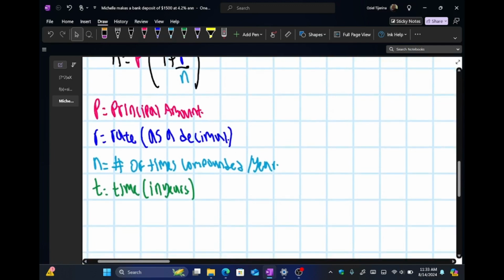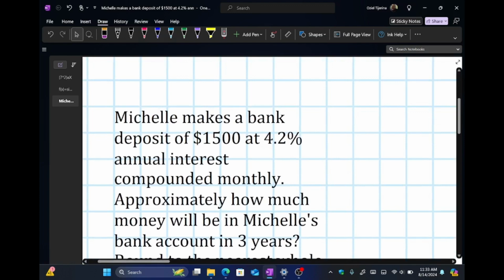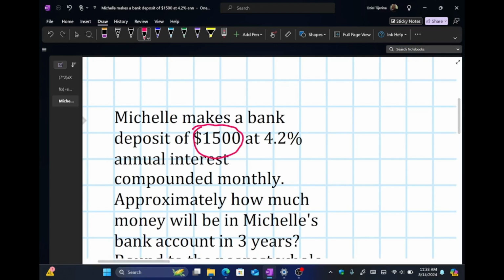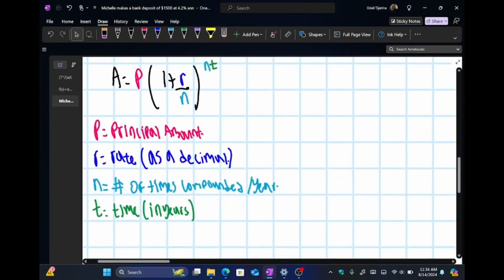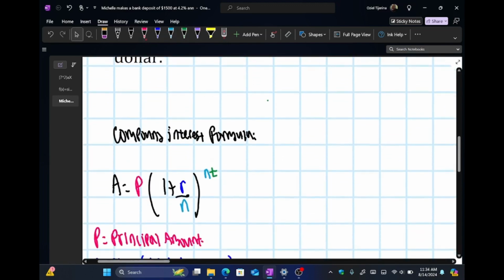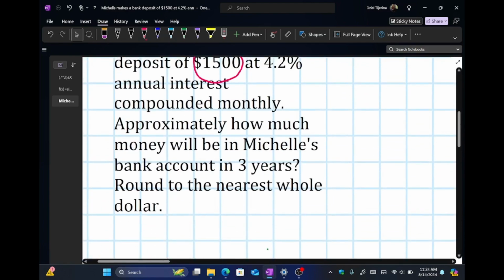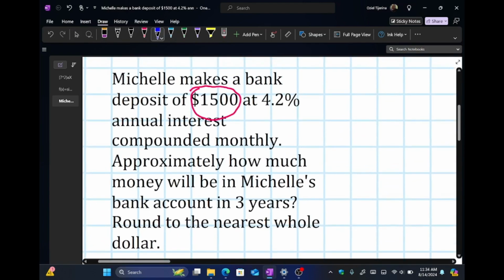Now here, the principal amount is the amount that we're starting with. They made a deposit of $1,500, so P is 1,500. For the rate, it says 4.2%.